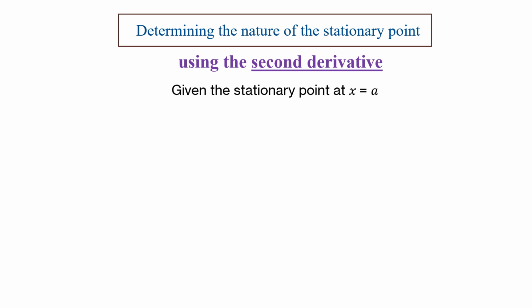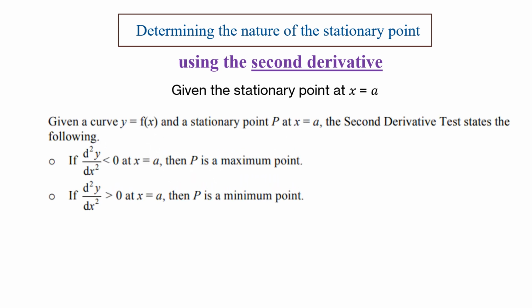So supposing you're given a function y equals f of x, and you have a stationary point at x equals a, where a can be any constant. You just differentiate the dy dx again to get your d squared y over dx squared. If that value comes up to be less than 0, then P is the maximum point. And if that value comes up to be positive, then P is the minimum point.